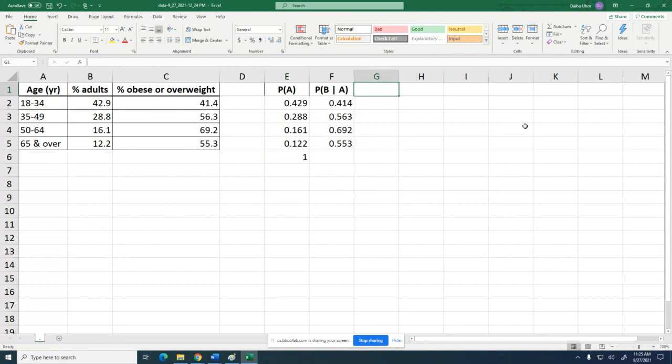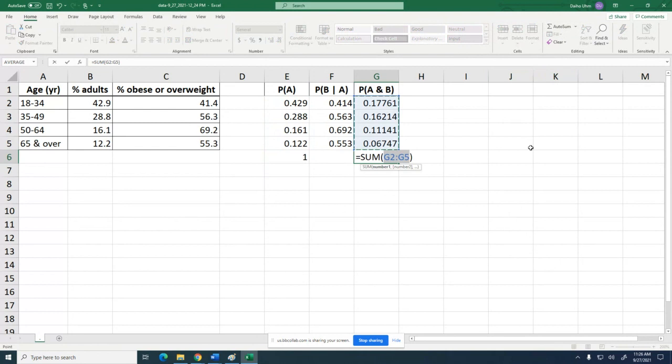And now here, I want to take the A and the B, the joint probability by the general multiplication rule. So in the column, take the multiplication: the probability of A times the conditional probability of B given A. How much do you expect the sum of them?